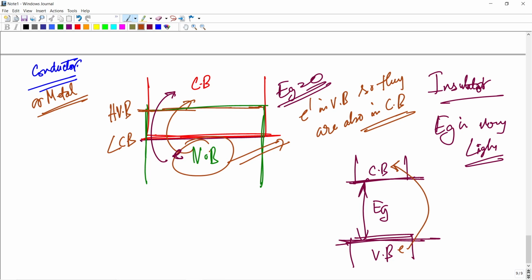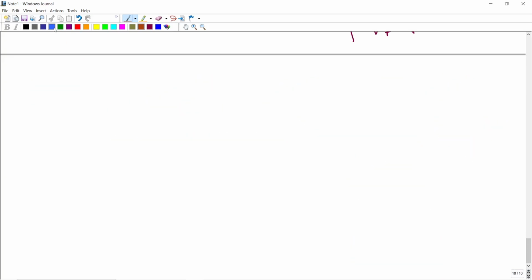Now we study how the band looks like. Actually I drew the bands like a table here, but how do the bands really look? Important question.